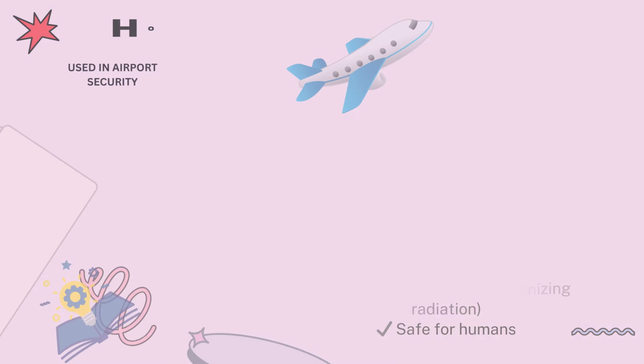What's special is that they are not just looking for metal, they can also detect non-metallic items like plastic bottles, ceramic weapons, even powder substances. The scanner then generates a 3D image or a generic human outline like the ones we showed earlier and highlights any area that looks suspicious, usually with a box. Let me show you a short video so you can see exactly how it works in real life.